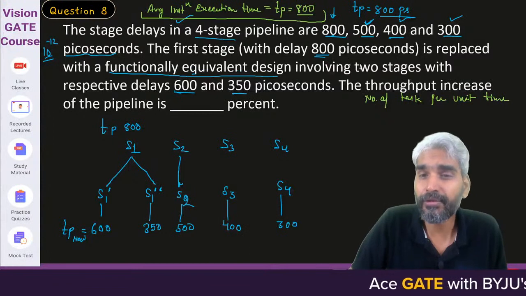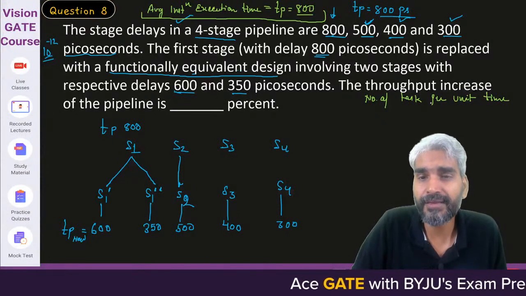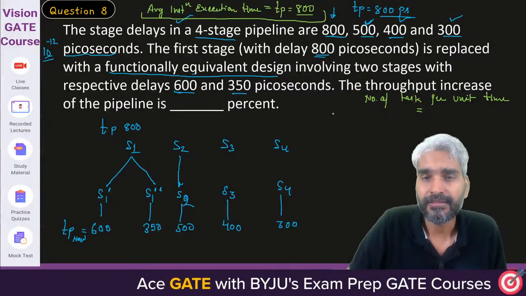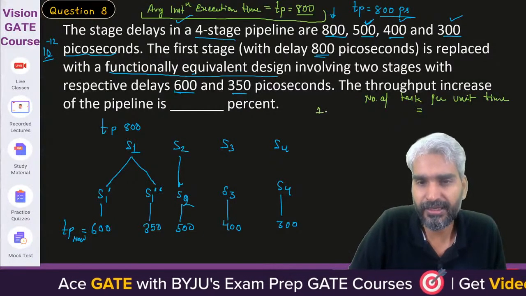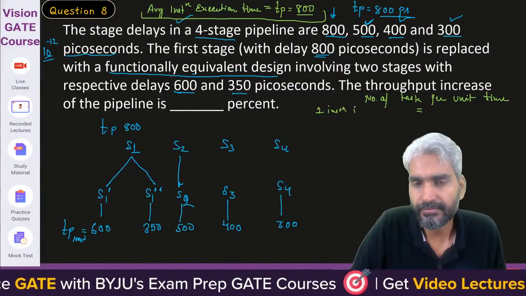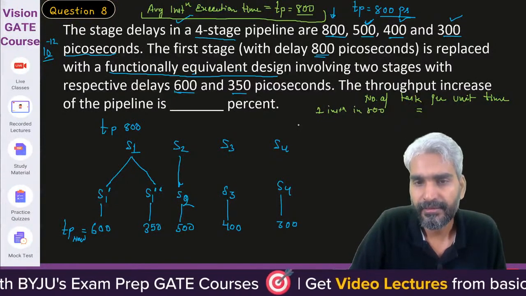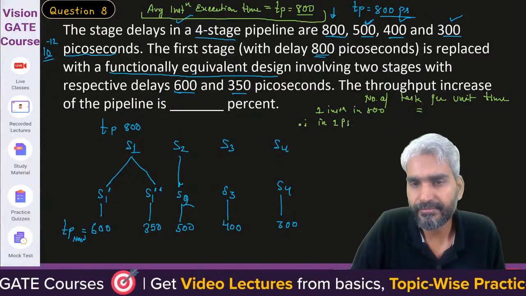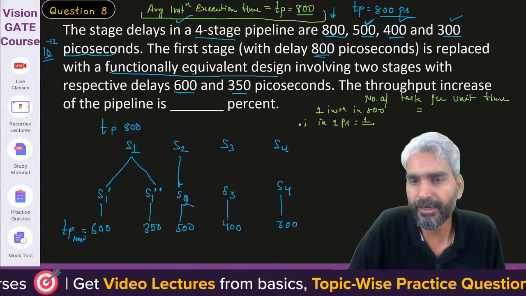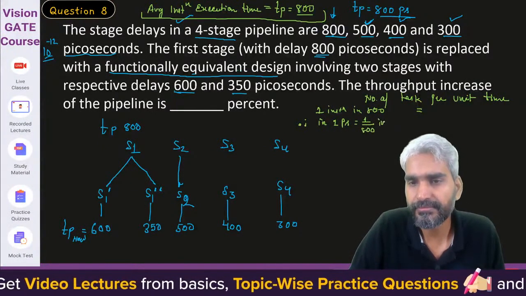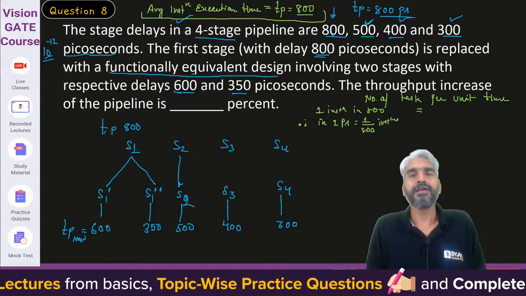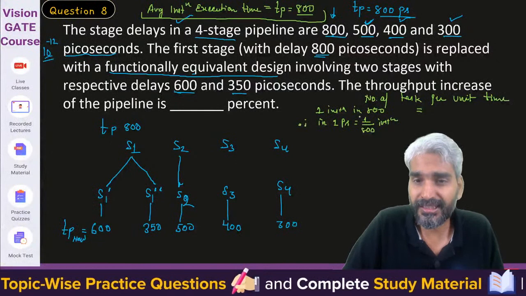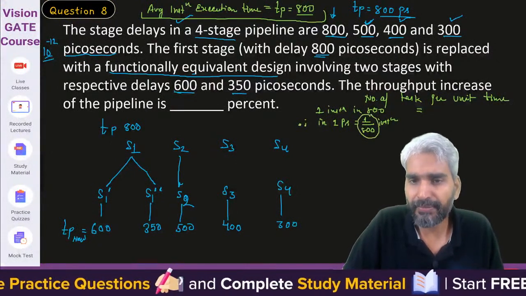So what is the number of tasks completed per unit of time? One instruction in 800 picoseconds. Therefore, in 1 picosecond, the throughput will be 1 upon 800 instruction. This is the throughput of the original pipeline.